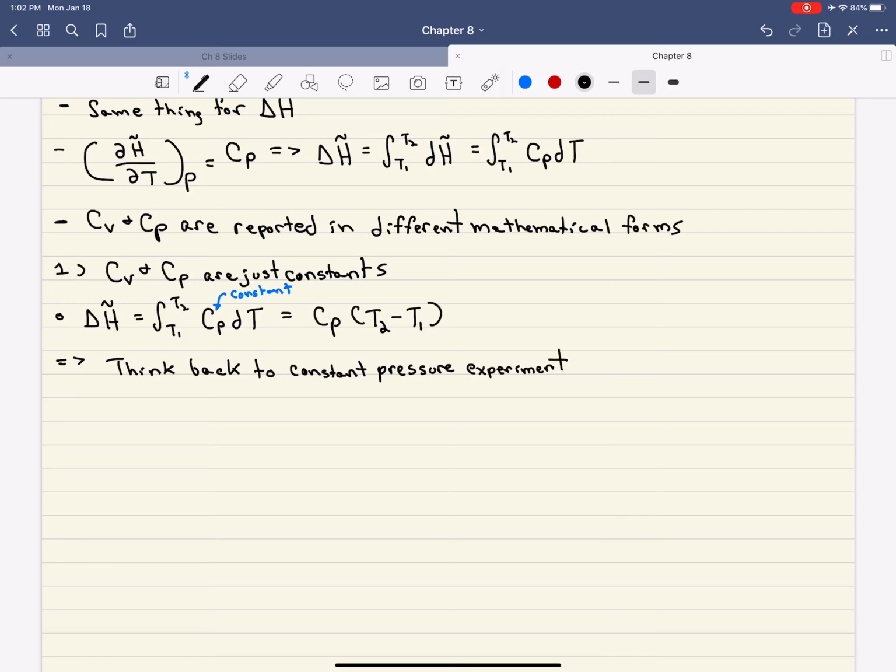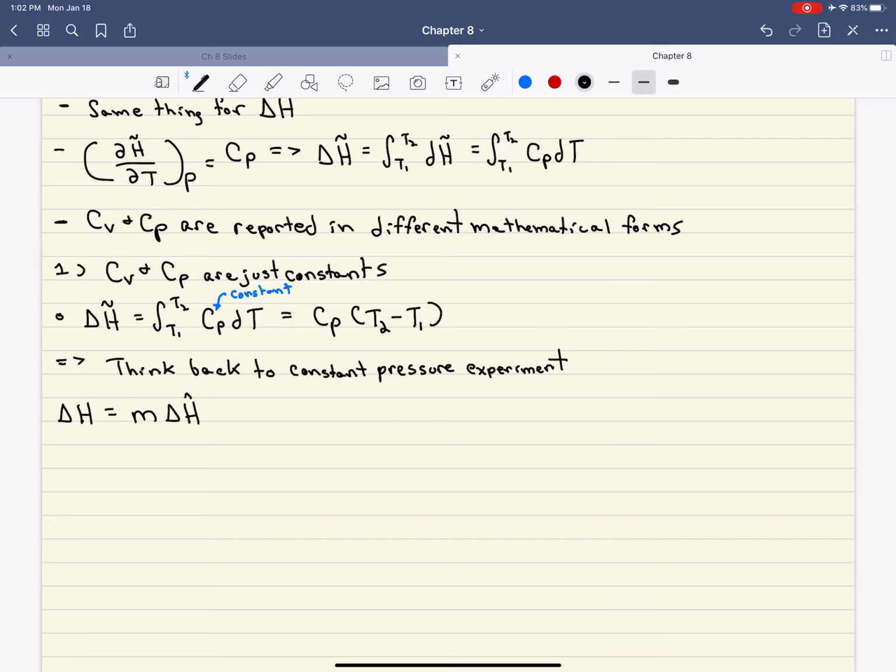If we think of delta H, just regular H, not the molar or the specific enthalpy, that's going to be equal to the mass of our system times delta H hat, just from definition.